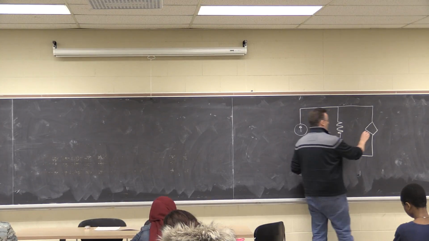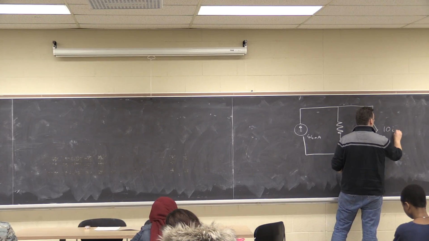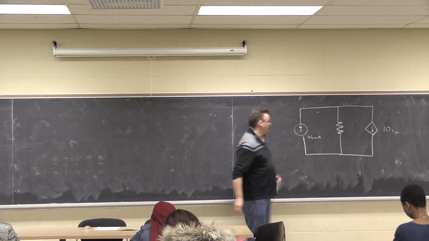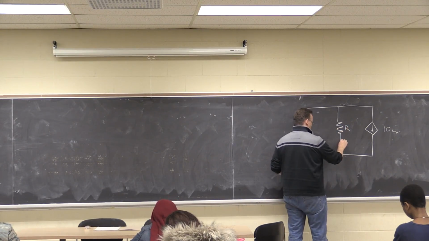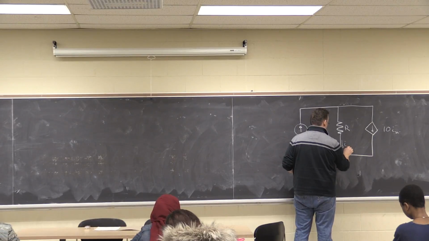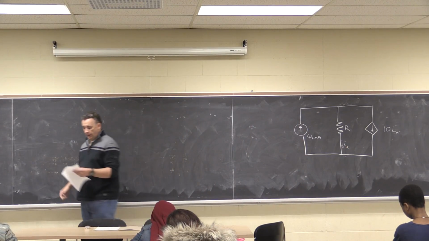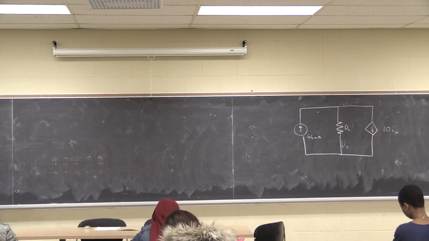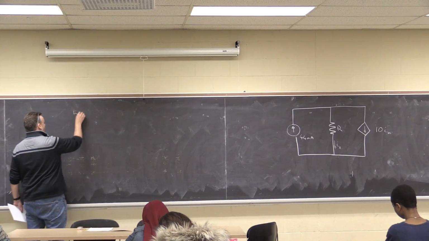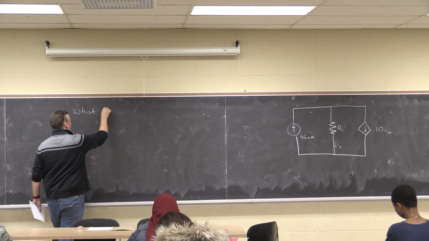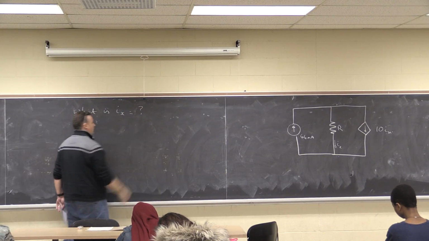This is generating a current in this direction of 10 times Ix. We're just given this as a resistor value R. And we're told the current flowing through the resistor Rx is given by Ix. So the question here is, what is Ix equal to?